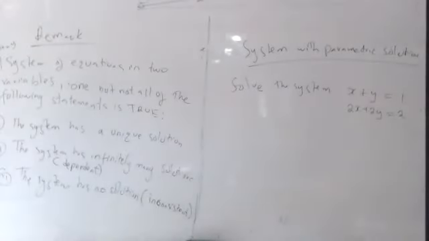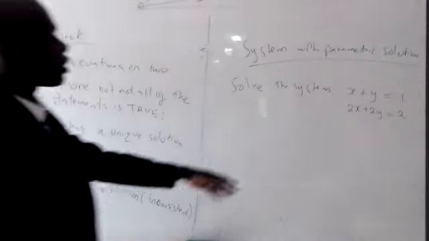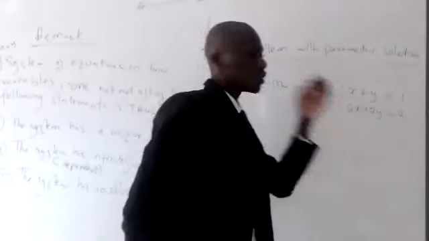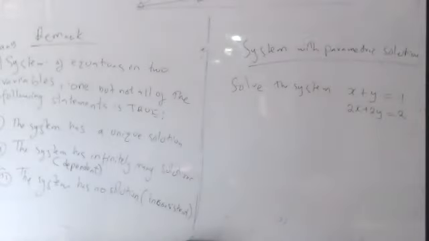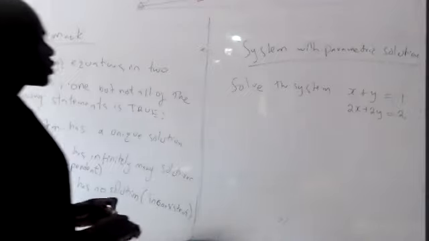Like that. Yeah. Okay, so I want to solve x plus y is 1, 2x plus 2y is 2. Use any method, substitution or elimination. Let's say we want to use elimination.